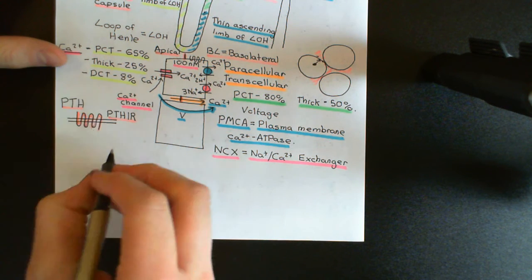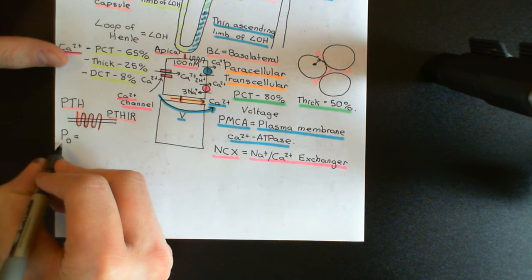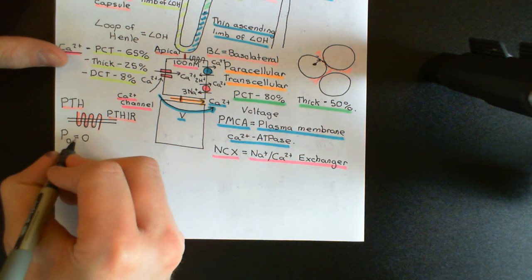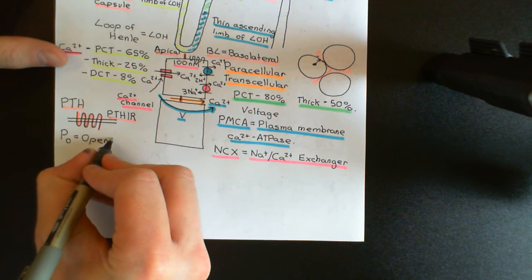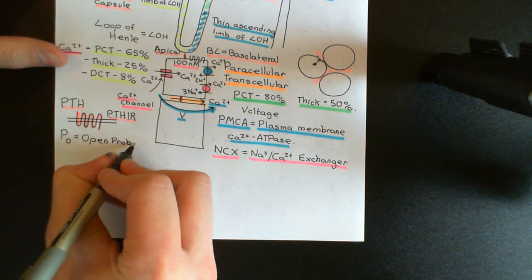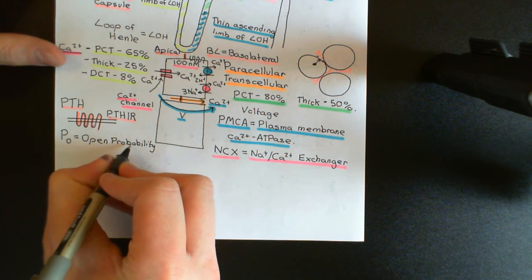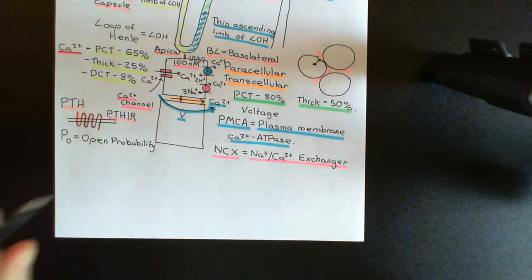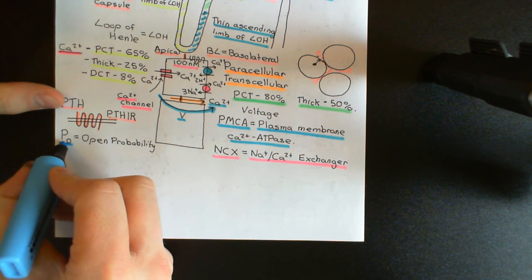Open probability is a really important concept, so I'll just go over it. It's often abbreviated to PO, P with a subscript O, and this means open probability. In the context of ion channels, if I look at a single ion channel at any one moment, what is the probability that I find it in the open state, and what is the probability that I find it in the closed state?